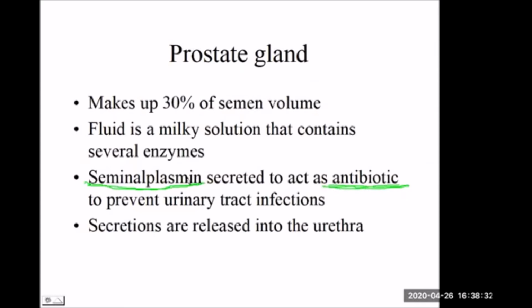This seminal plasmin, and the prostate gland as a whole, releases its secretions into the first segment of the urethra. So with this production of fluid from the prostate gland, and this seminal plasmin in particular, this helps to protect the urethra from infection. So the urethra, all the way back to the urinary bladder, has this protection.